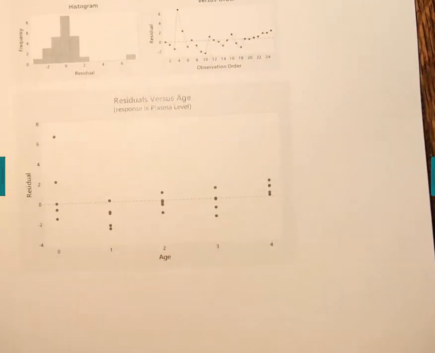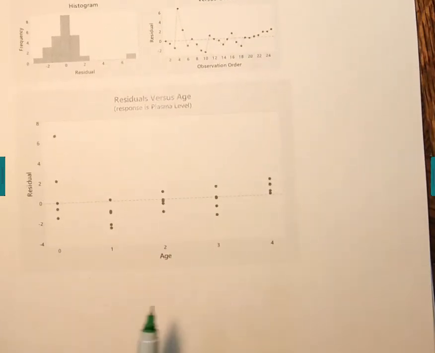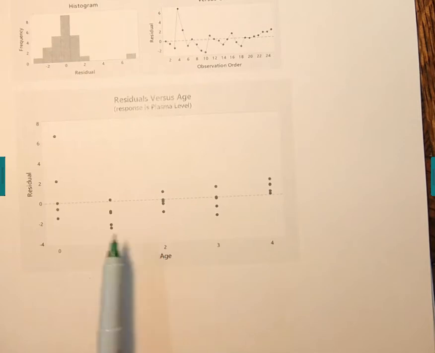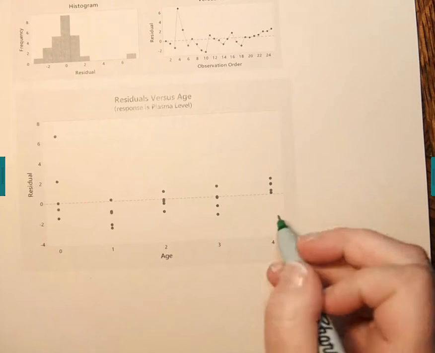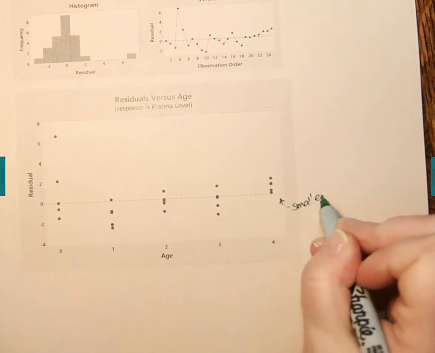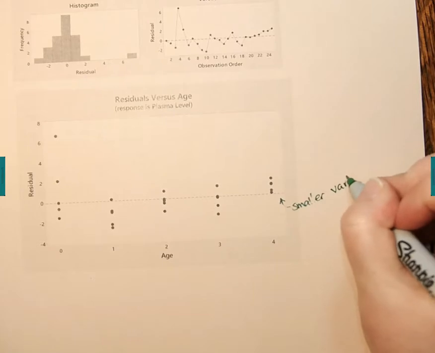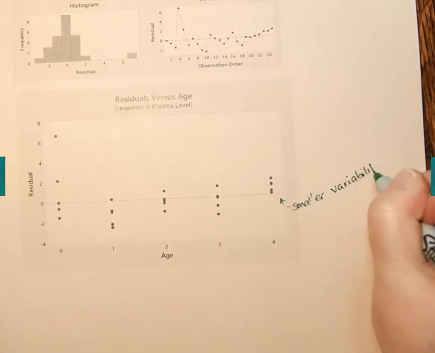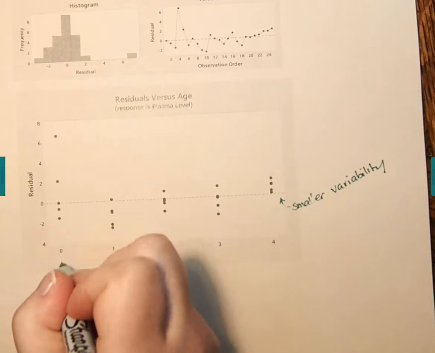Let's look at some of the regression analysis. We're going to focus on this bottom plot, which has age and our residuals. Notice here at age 4, we've got smaller variability compared to age 0.